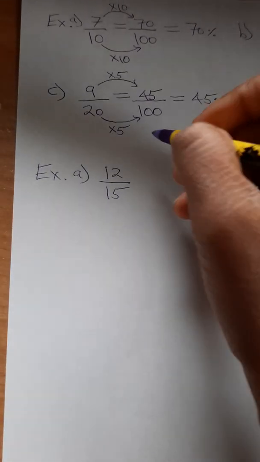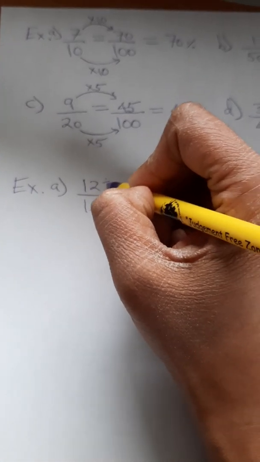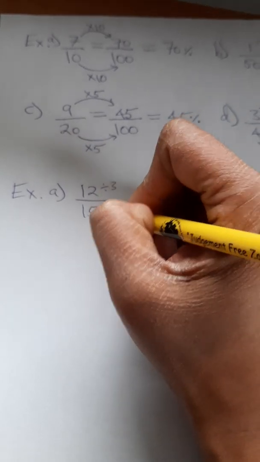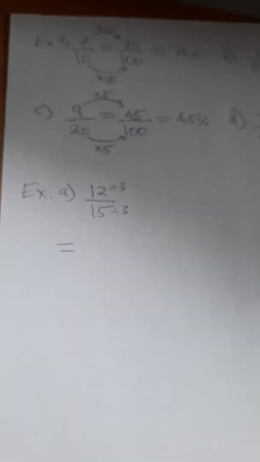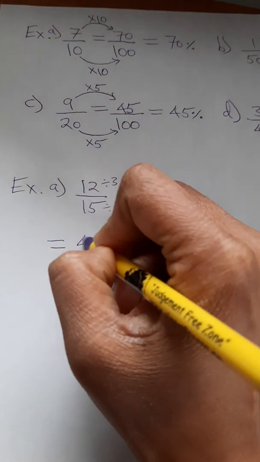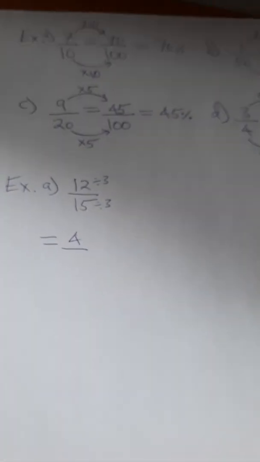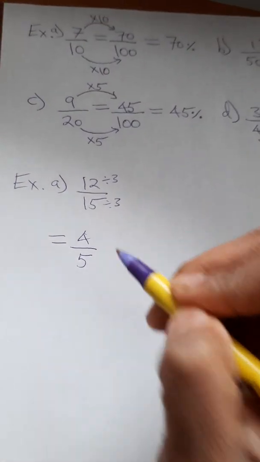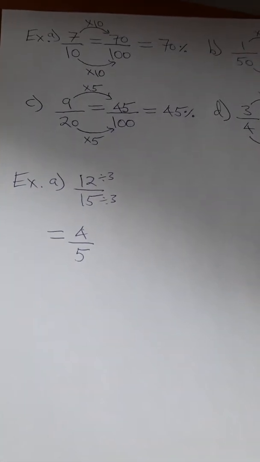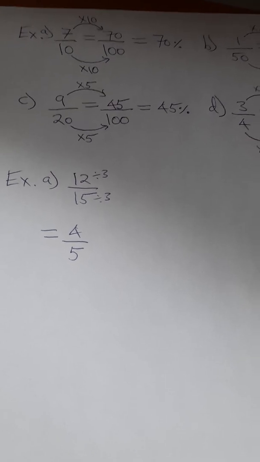So what I want to do is reduce this fraction. Let's divide it by 3 on the top and the bottom. So 12 divided by 3 is 4. On the bottom, 15 divided by 3 is equal to 5. So this is what my fraction is now.